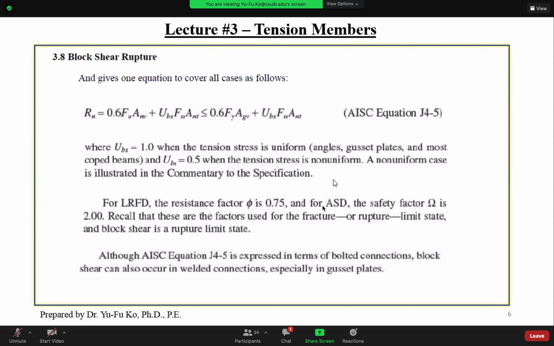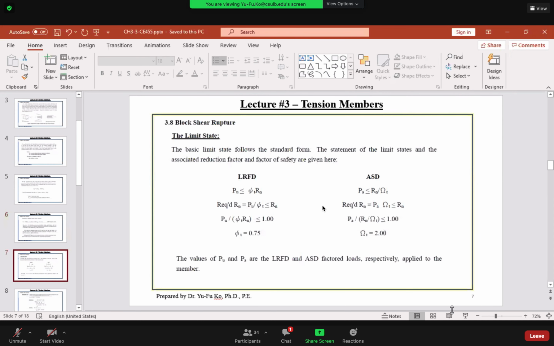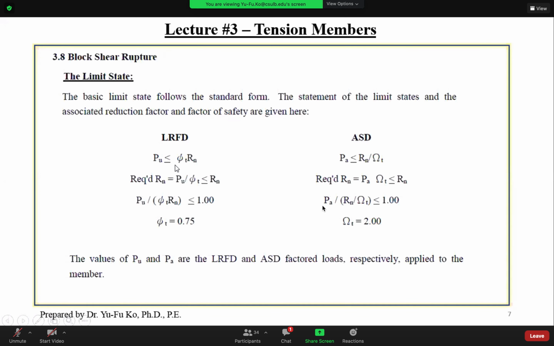So these will be the equations for block shear. If you are using LRFD versus ASD, for LRFD the demand from the factored load combination should be less than or equal to phi times Rn, the nominal block shear strength.